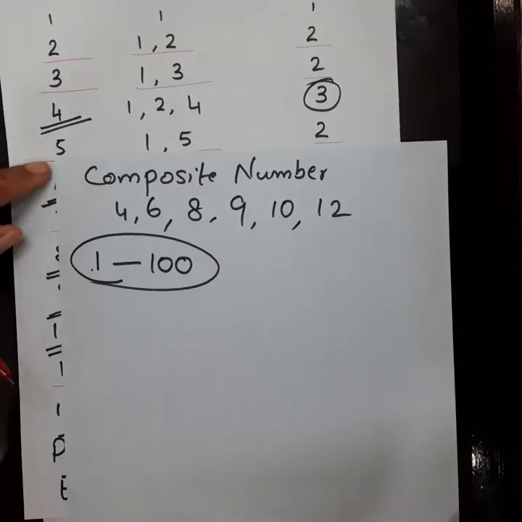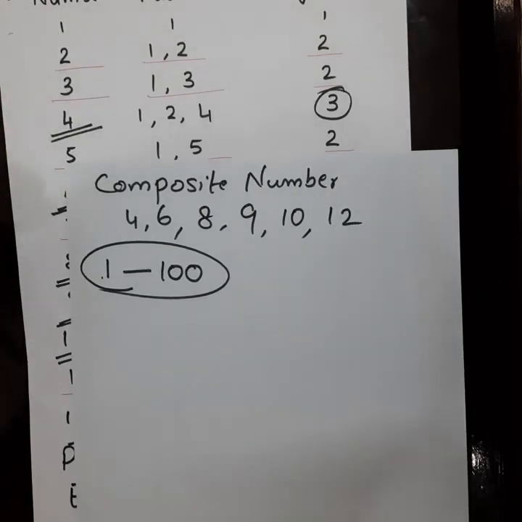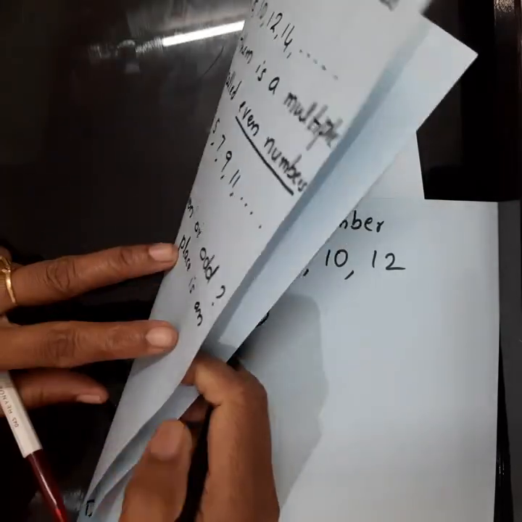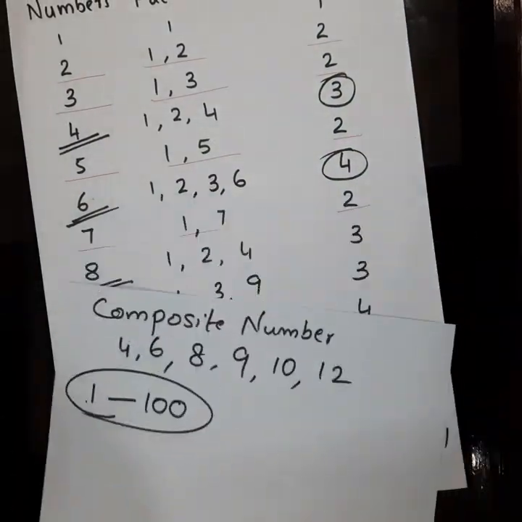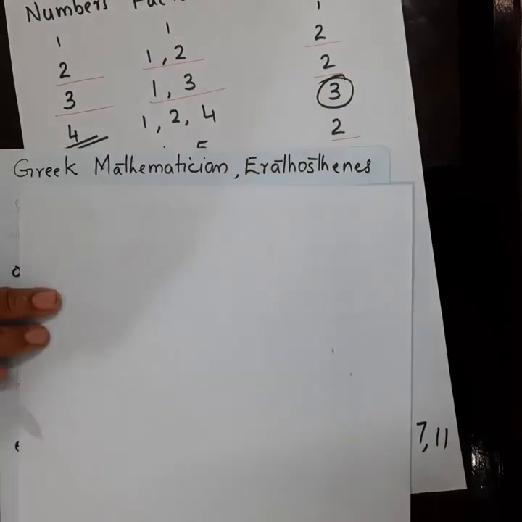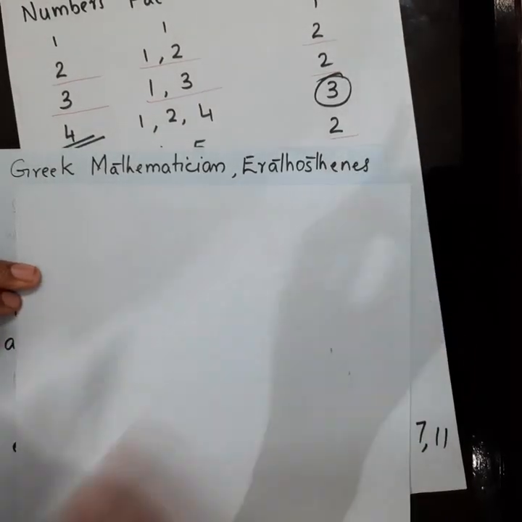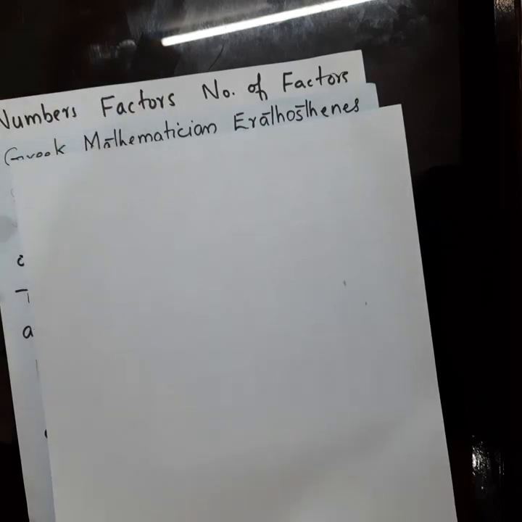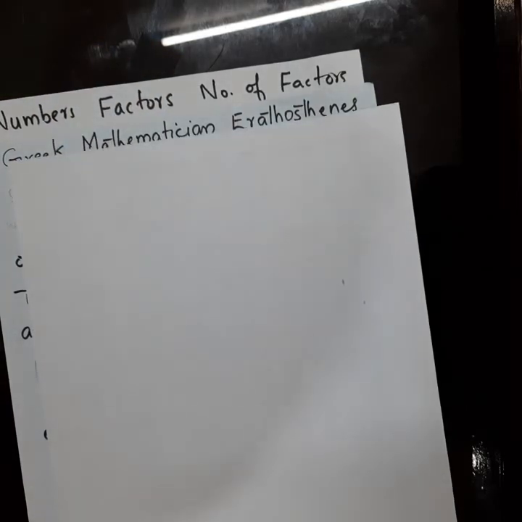So there is an easy method, given by the famous Greek mathematician Eratosthenes. He found an easy way to find the prime numbers from 1 to 100 without actually writing the factors of each number. So let us see that method.